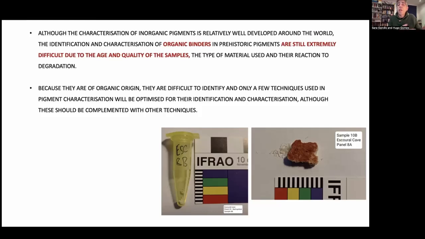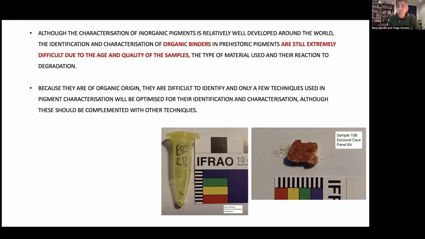And of course, we are talking about paintings that are old, so this organic part could already have completely disappeared in the recipes that we can imagine were used.